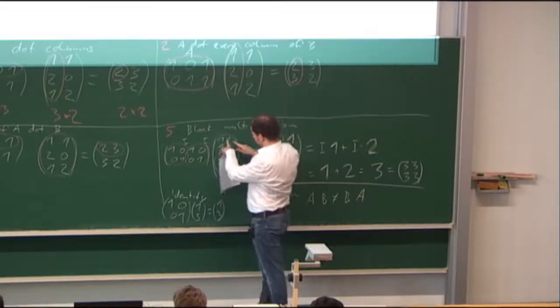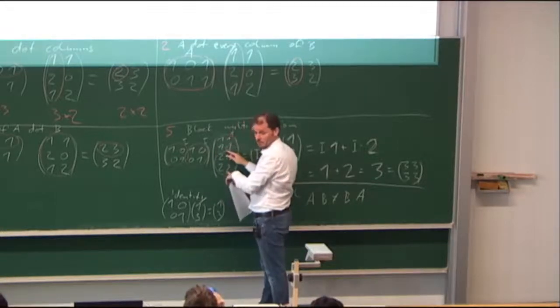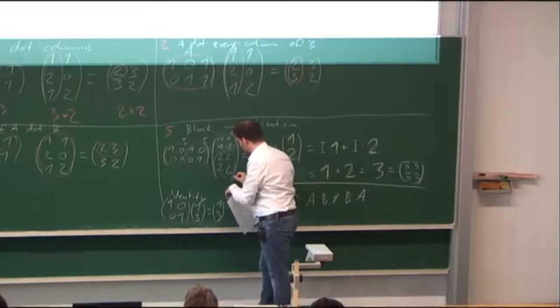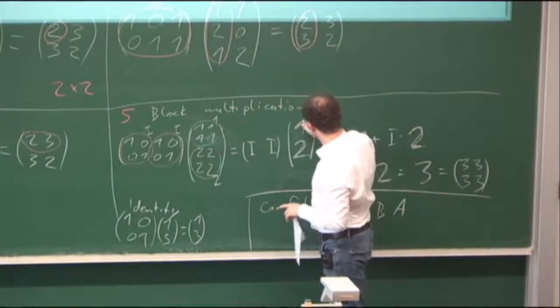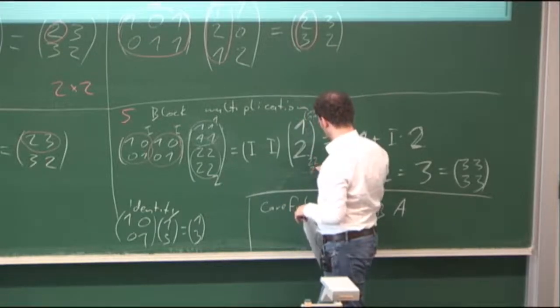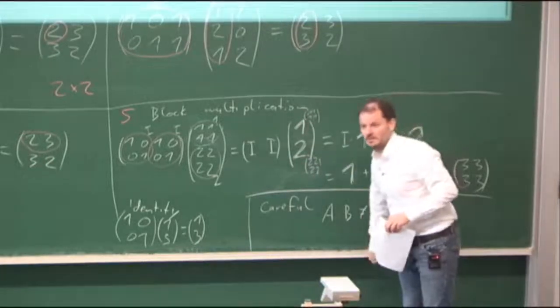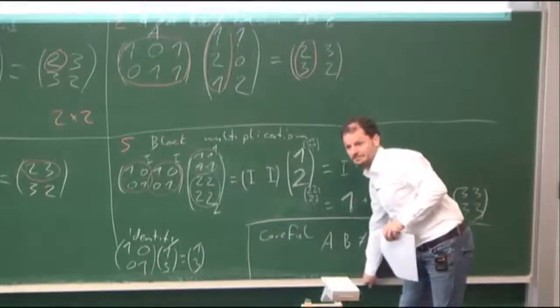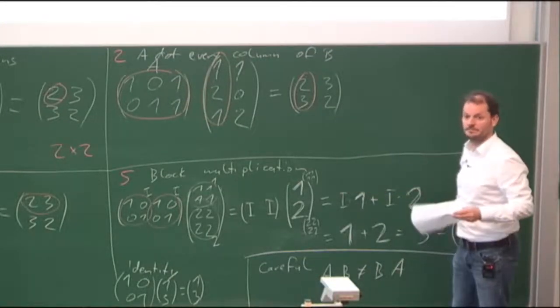And this is what I called 1, a matrix of all ones. And this is what I called a matrix of all twos. So this is just short for 1, 1, 1, 1 here and 2, 2, 2, 2 here. I mean, I just invented this notation, right? That answers your question?